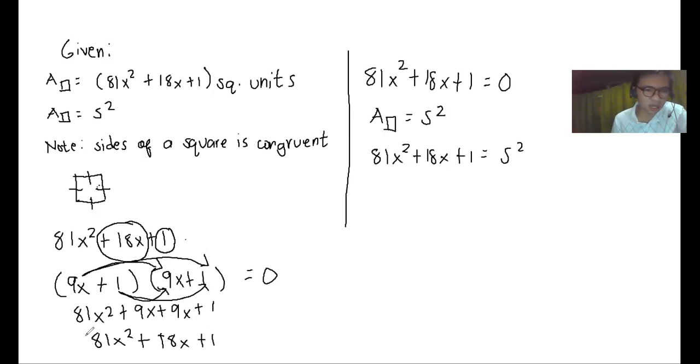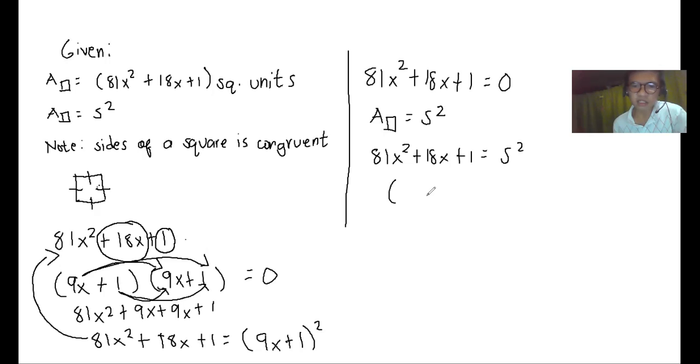So bumalik siya sa dati guys. Ibig sabihin tama. We can notice that 9x plus 1 times the quantity 9x plus 1, parehas sila. So we can say that it is also equal to the quantity 9x plus 1 squared. So pwede natin palitan tong 81x squared plus 18x plus 1 ng 9x plus 1 squared equals s squared.